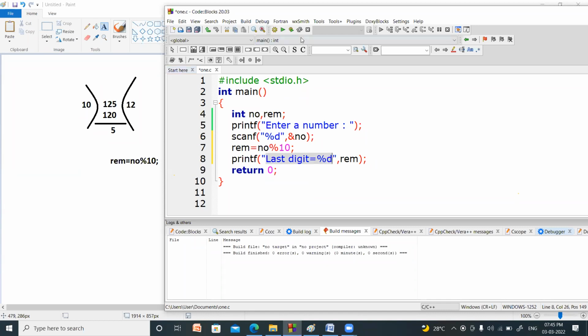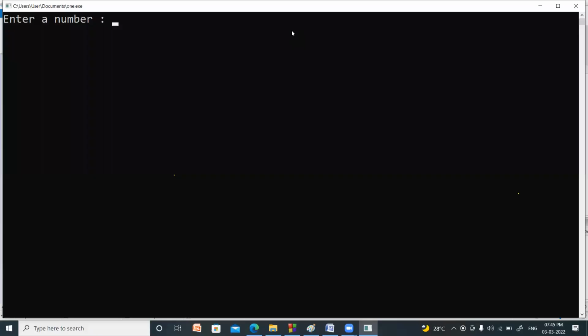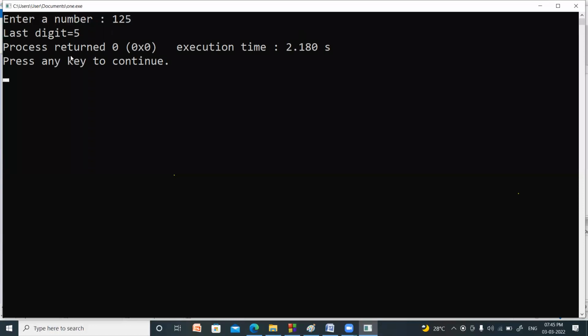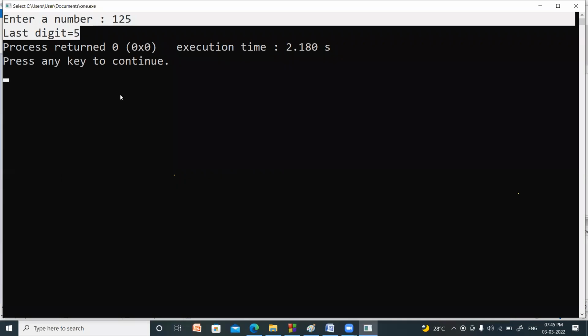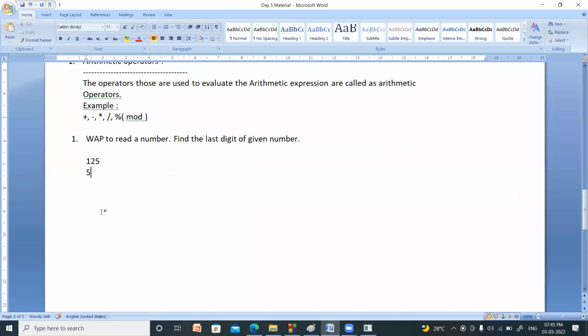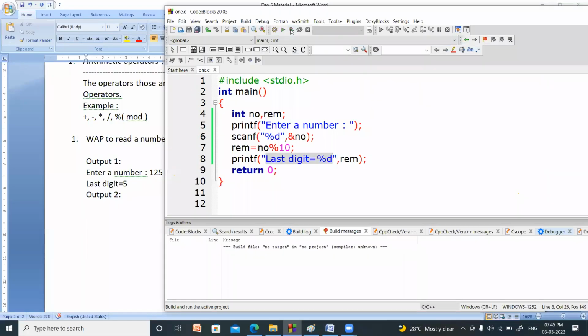It is the answer. Now type this program. My number is 125. What is my last digit? 5. Got it? Is it clear? How to find the last digit of a given number? It is the output. Now I am giving one more example. Now execute this program again.